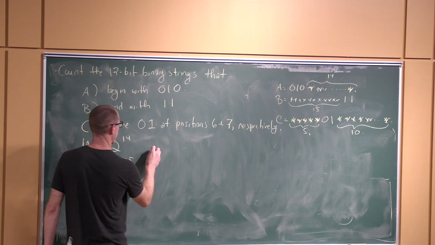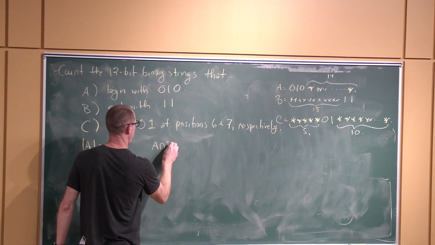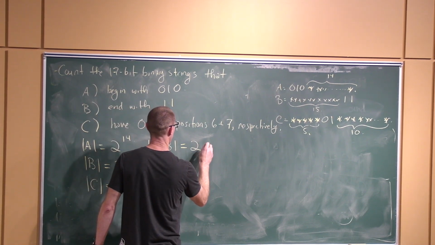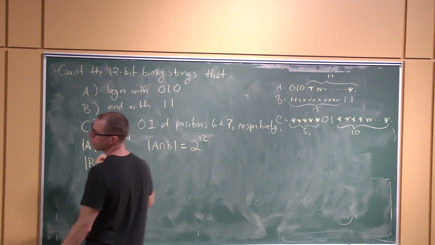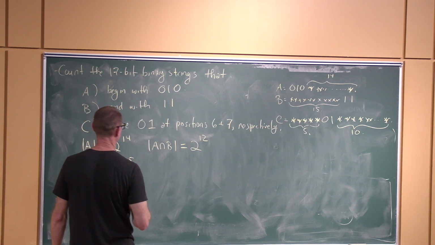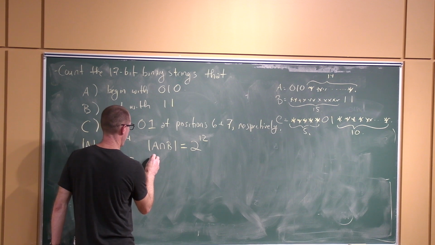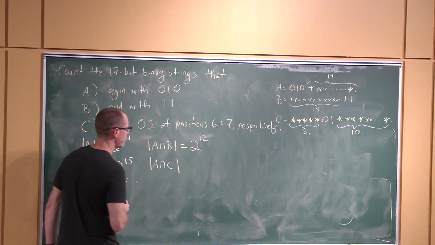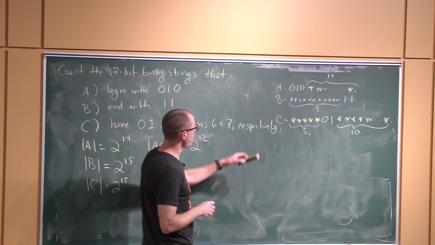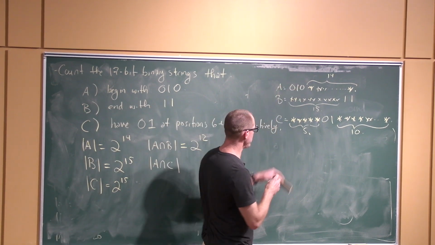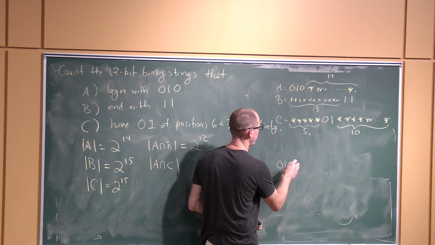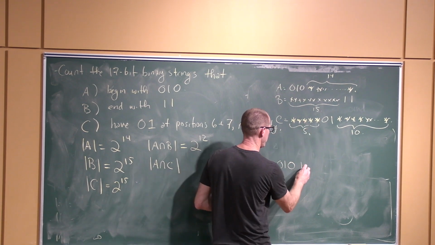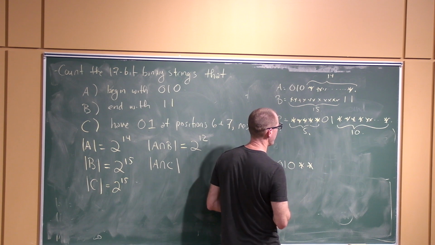Now I need A intersect B, which I already have. That was 2 to the 12, if I'm not mistaken. Yep. Now I need A intersect C. So those are the strings that start with 0, 1, 0, and then I see 2 of whatever I want.